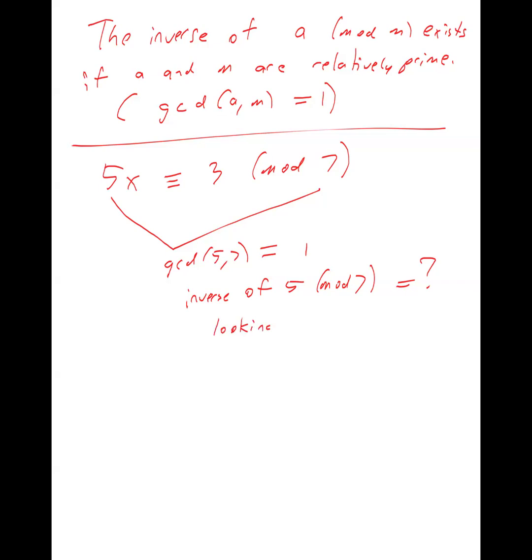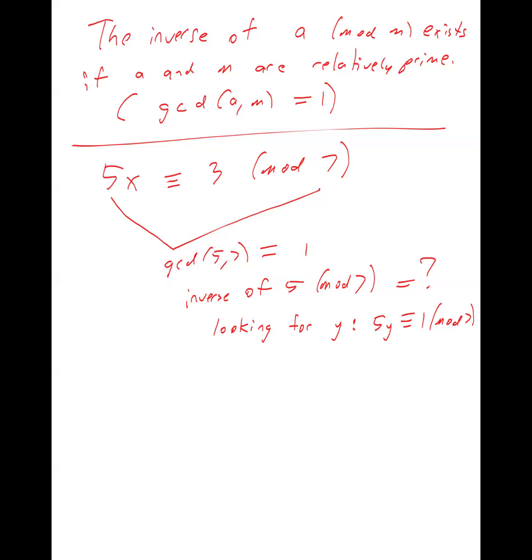I'm going to call it, well, you don't want to use I for inverse, so I'll say Y. Looking for Y satisfying the equation 5 times Y is congruent to 1 mod 7. I'm looking for what Y is.